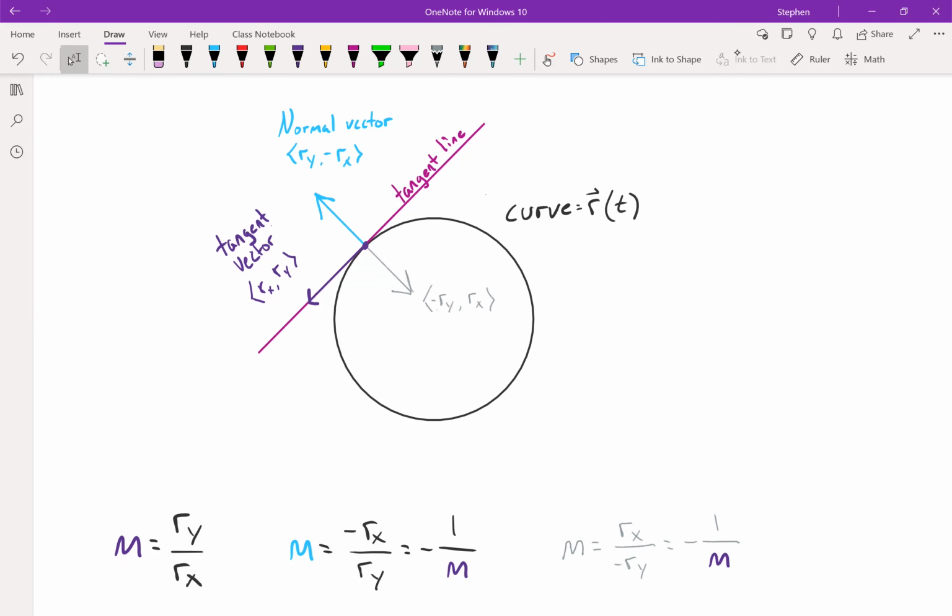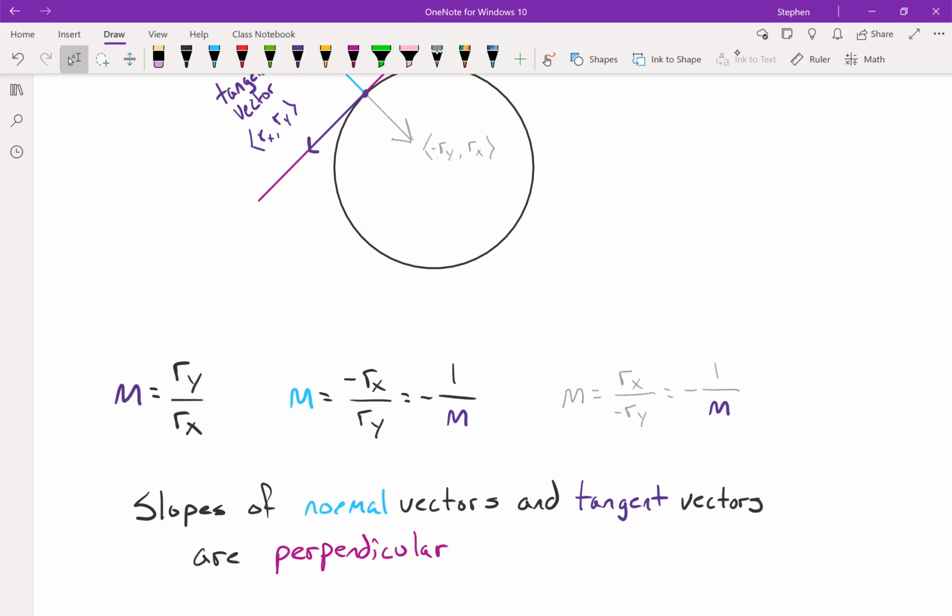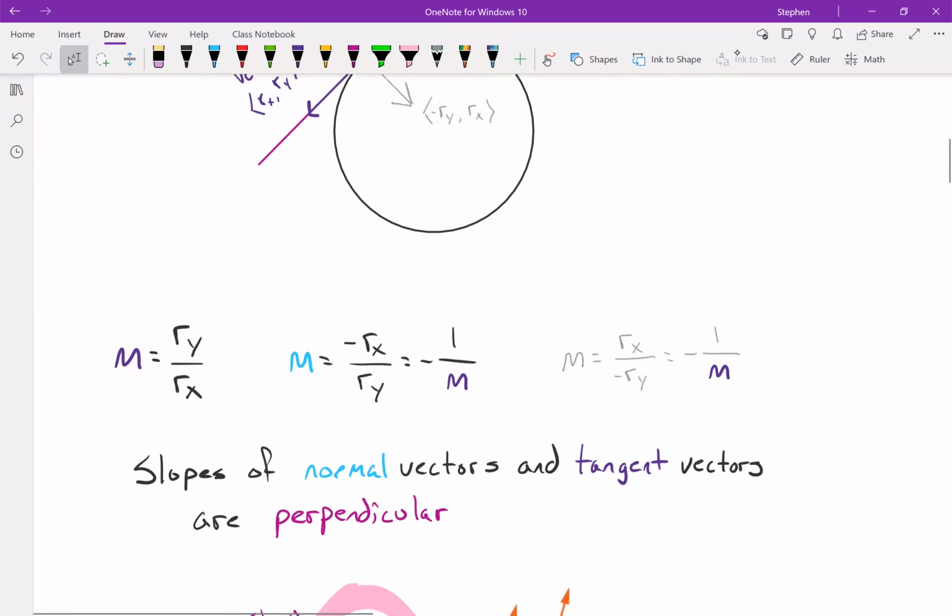But the exercise here is to just show that both of those normal vectors have a slope that is perpendicular to the tangent line. So yep, the slopes of normal vectors and tangent vectors are perpendicular to each other. And these normal vectors are going to become quite important.